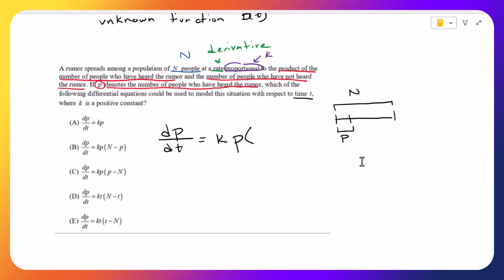Well, this is just going to be n minus p, since n is bigger than p. And this is our number of people who have not heard the rumor, n minus p. And so we get this one. Which one matches? Well, that's going to be this one right here, B.